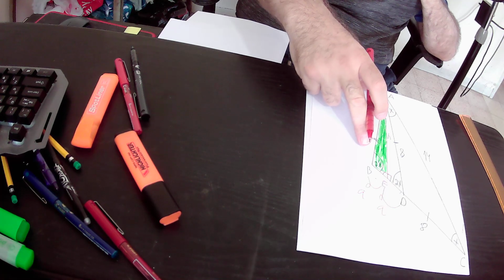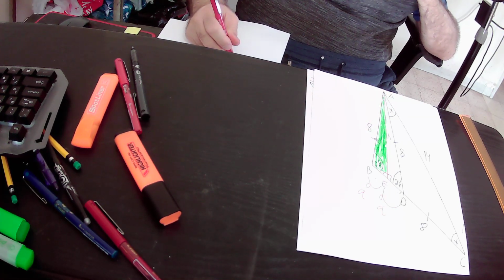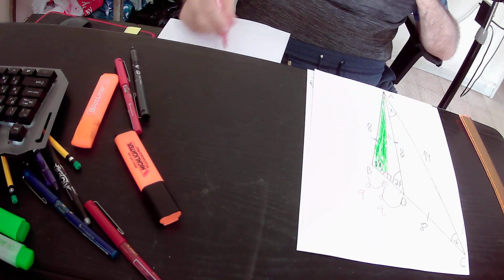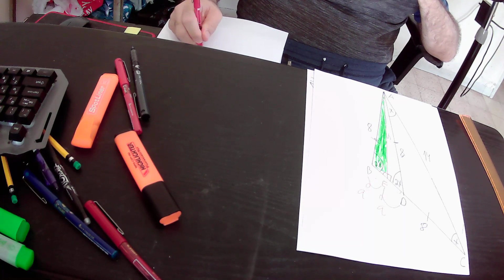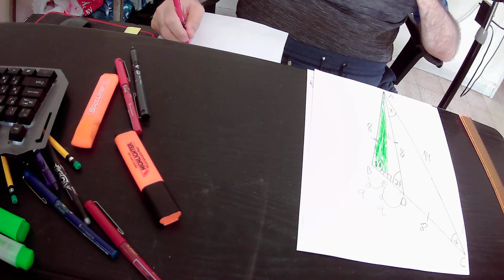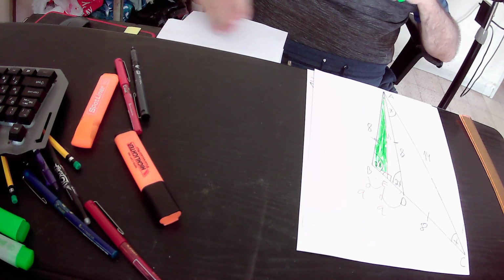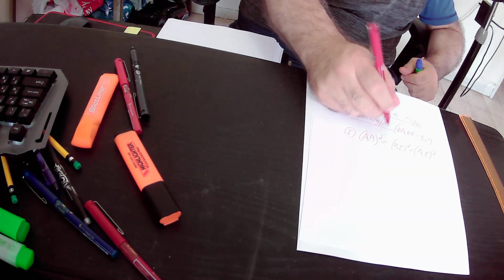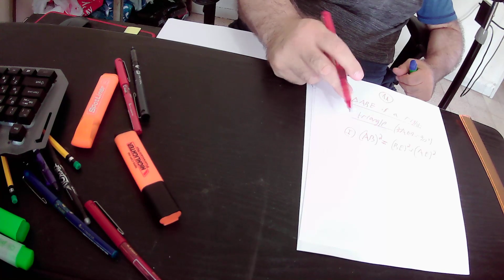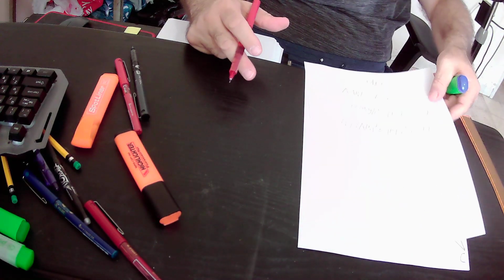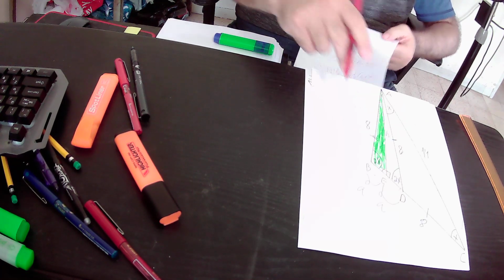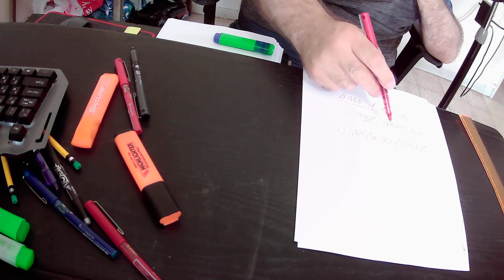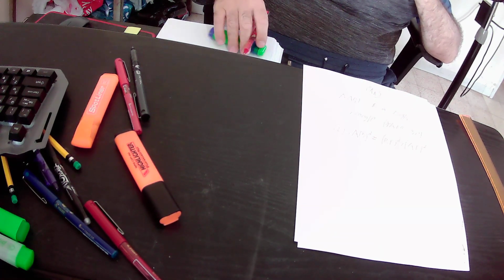The hypotenuse in triangle ABE is AB, so AB squared equals BE squared plus AE squared.